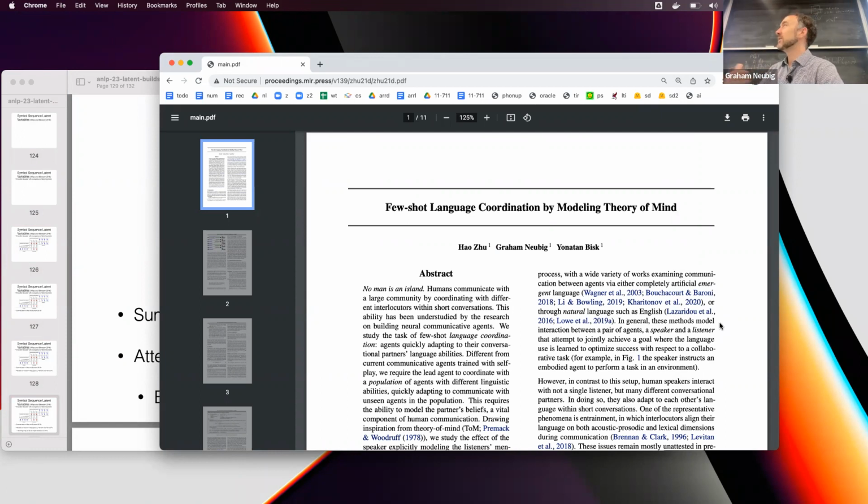Let's say we're talking about an image referential game task, where we need to pick an image based on the language. It will try a whole bunch of different ways of explaining the image, and then gradually adapt to the ones that are most useful for solving the task. So I think this is also an interesting way of using these sorts of latent variable models.